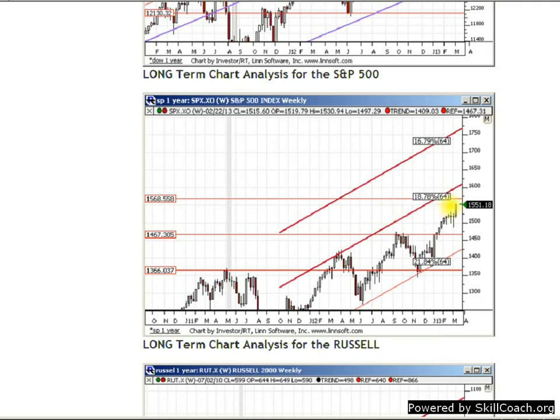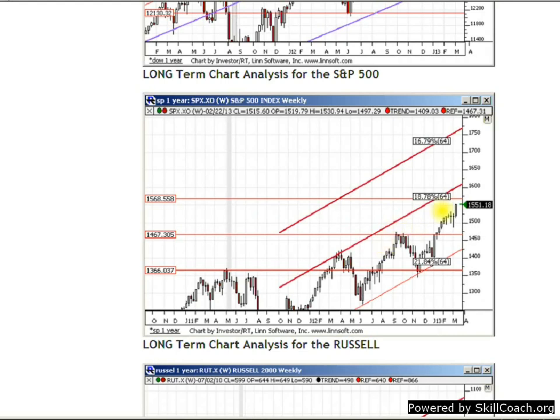If that happens again, and it could, the S&P might stall at this neutral resistance line, which is its 2007 high, right? 1568.